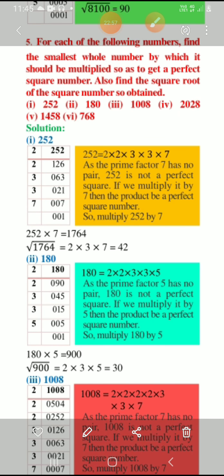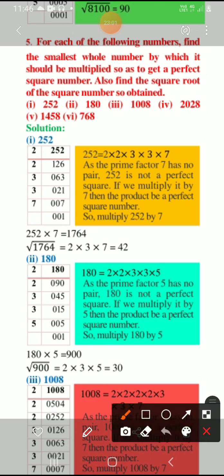So the first question is given as 252, right? So how can we solve this? First we can solve by the pairing method. Okay, so first 2 1s are 2, right? And 2 2s are 4. Got it. You can see 2 2s are 4, 1 remains, so it becomes 12. Okay, so next we start with 3. 3 1 is less than 3, so I will take 0.